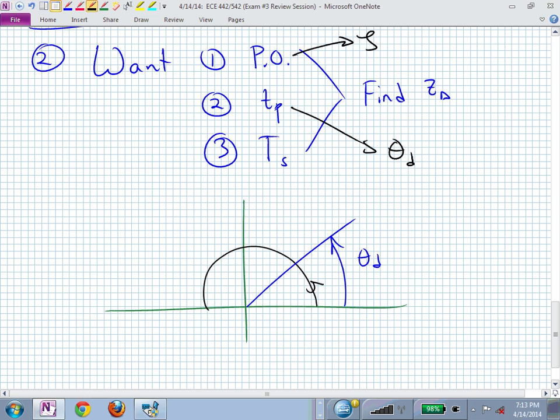Do I increase that angle if I want a smaller peak time? It's yes, isn't it? You need a bigger angle to get a smaller time to peak. You need to make that system faster. Your angle is bigger. It's getting to where you want to go much quicker. So now and then you might have a settling time spec, which gives you a radius. And let's say the radius is now here.